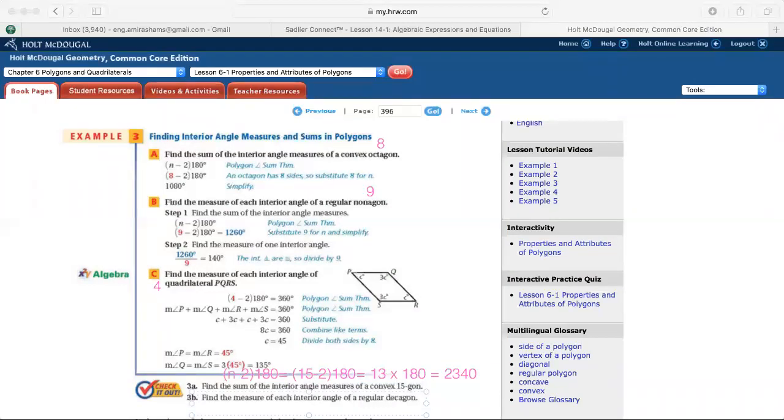I'm going to write the rule: N minus 2 multiplied by 180, which is 10 minus 2 multiplied by 180, which is 8 multiplied by 180, which is equal to 1440.